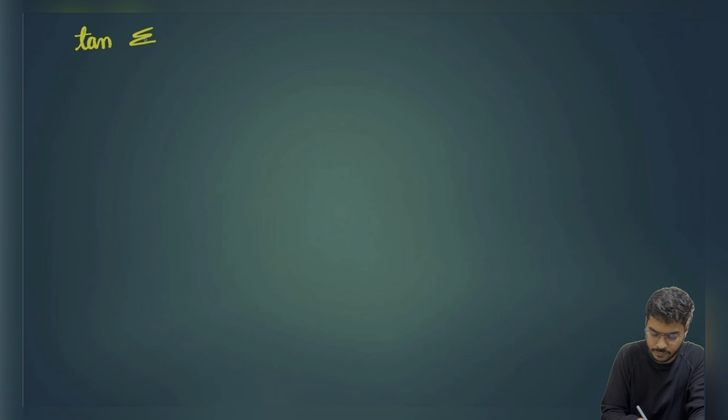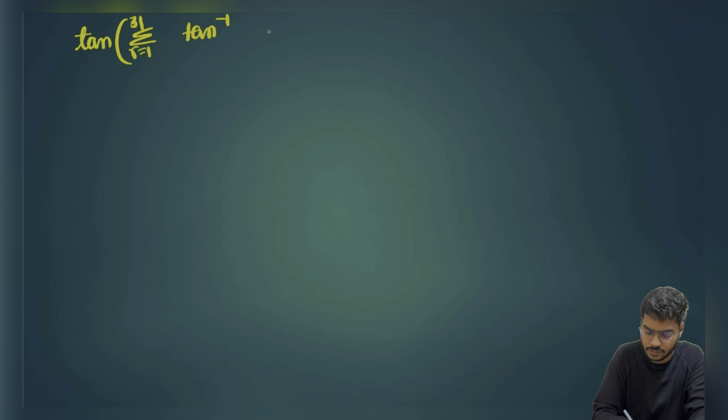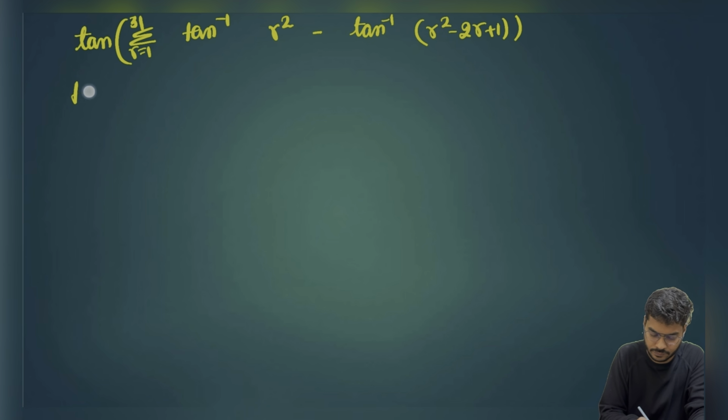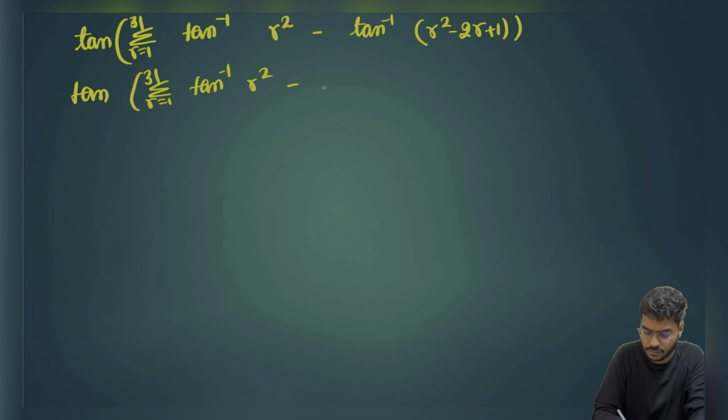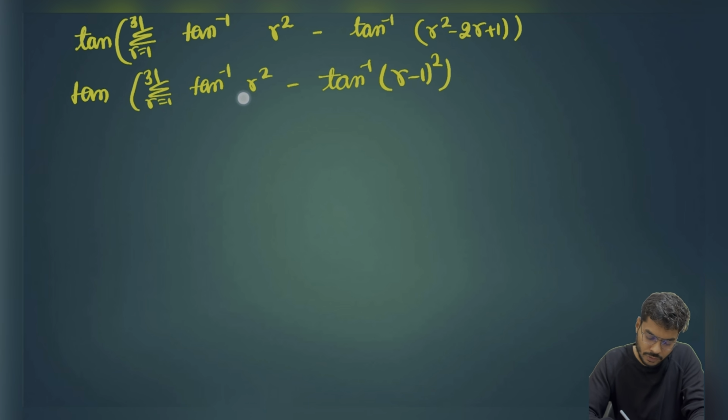Tan of summation of r from 1 to 31 tan inverse r square minus tan inverse second term, which is nothing but r square minus 2r plus 1. Tan inverse summation of r equal to 1 to 31 tan inverse r square minus tan inverse r minus 1 whole square, right? Again, we created a difference of two consecutive series where the terms will cancel out.